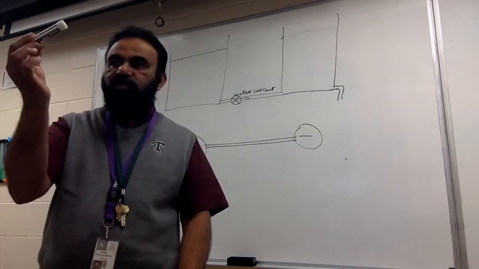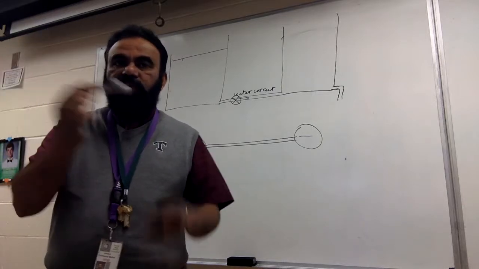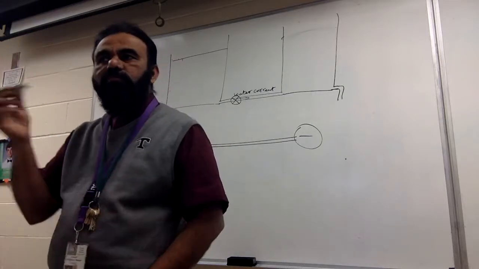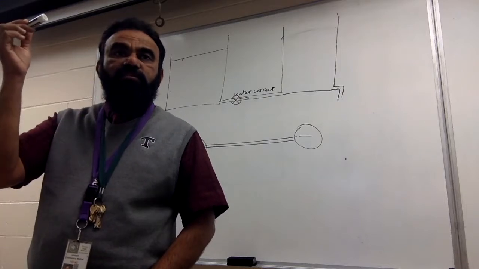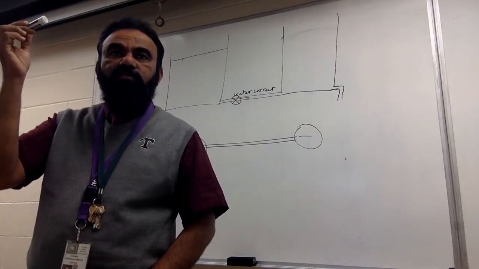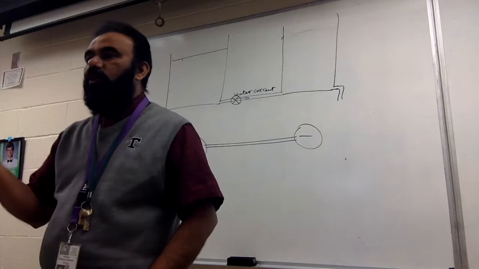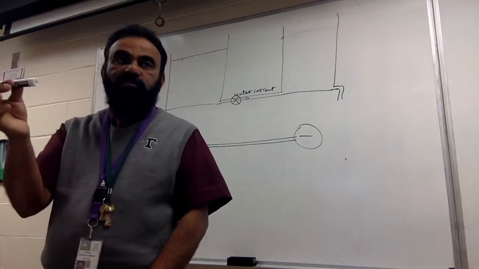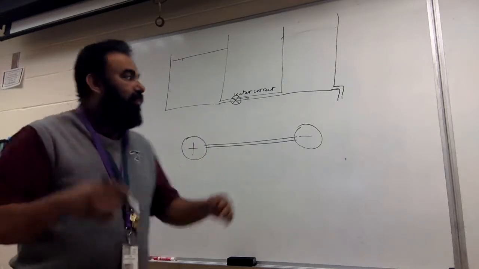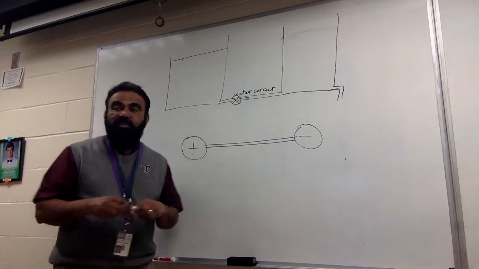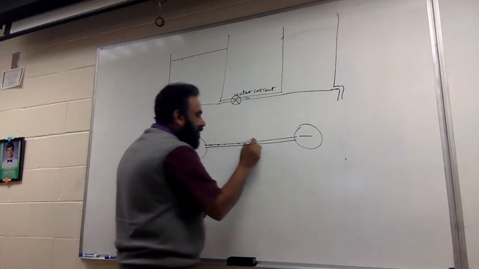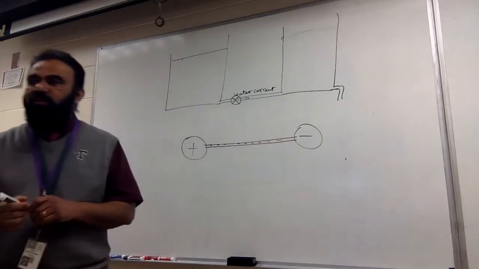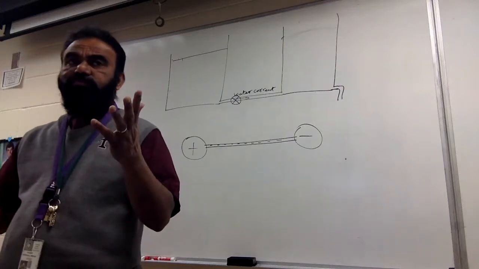Can I connect this across? Does this have electrons? Yes, but they're not free to go. They're all bound. There are no free electrons. Whereas in copper, there are lots of free electrons. Look, that copper is already filled with a lot of free electrons, ready to go.